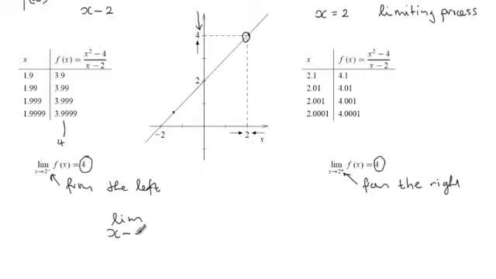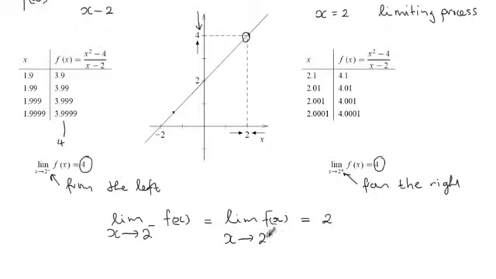The limit as x is approaching 2 from the left, that is the limit of f of x, is equal to the limit of f of x as x is approaching 2 from the right, which is equal to 4. This situation happens with certain functions but does not happen always.